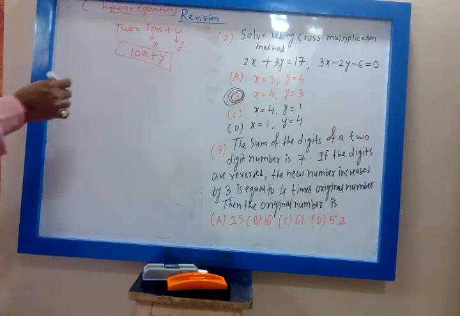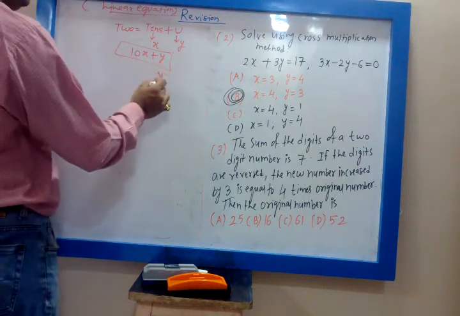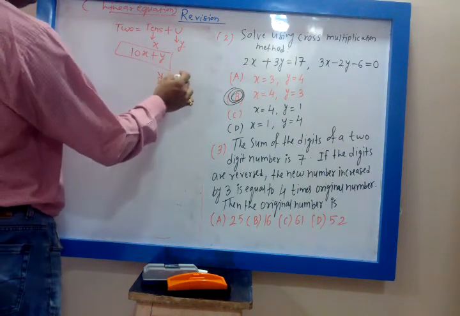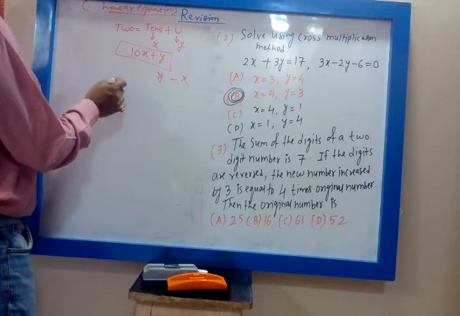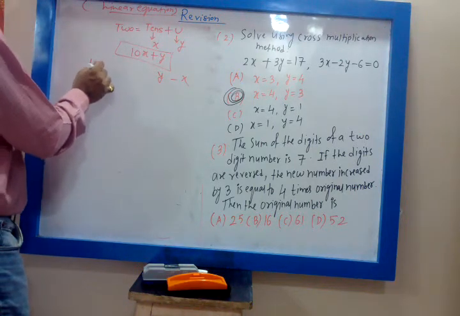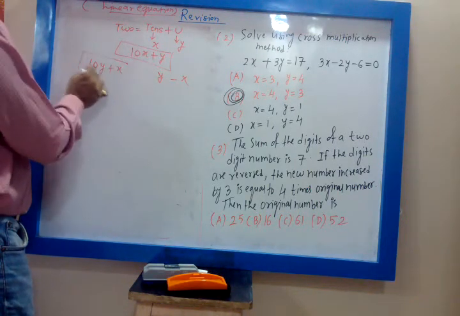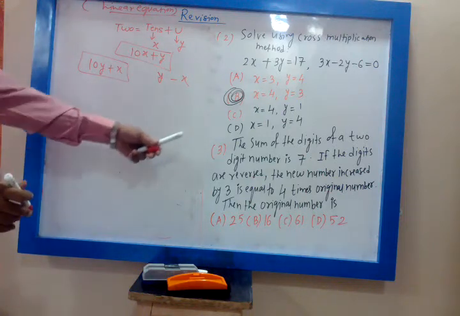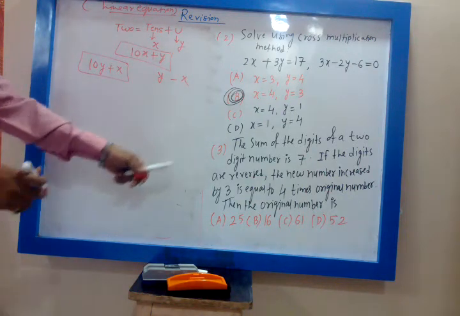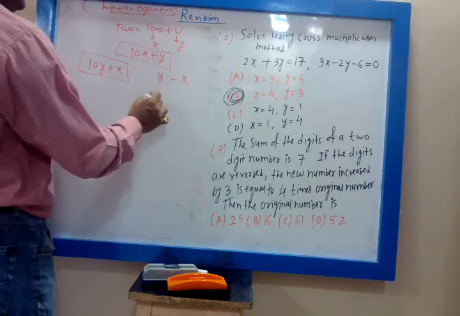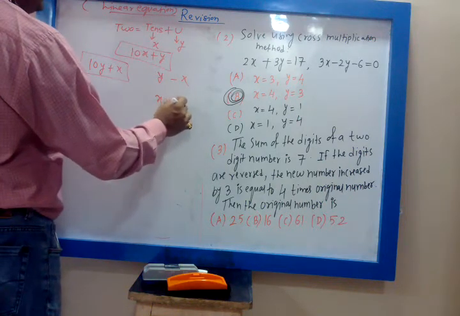If the digits are reversed, instead of xy it will be yx, so the reversed number will be 10y plus x. What is given first? The sum of the digits of the 2-digit number is 7, means x plus y is equal to 7.